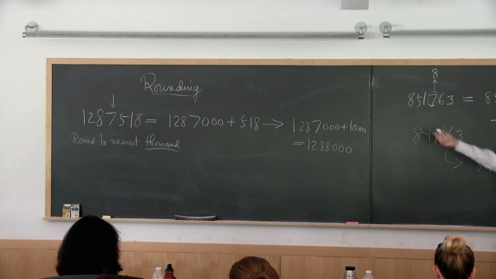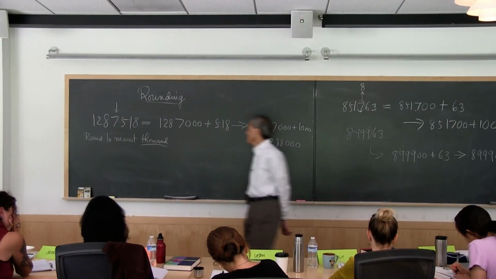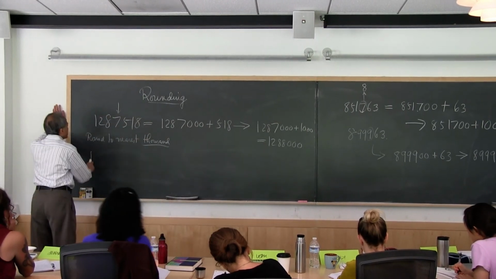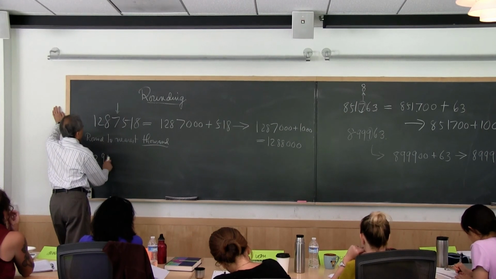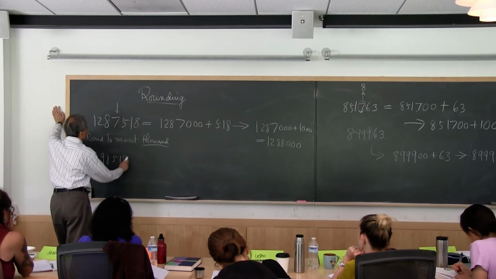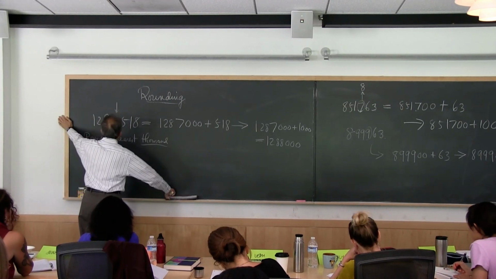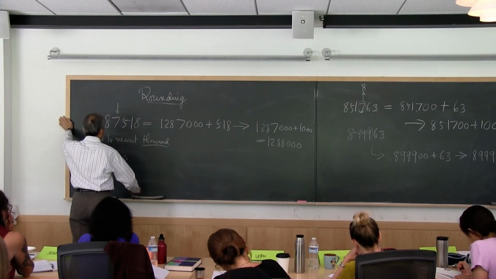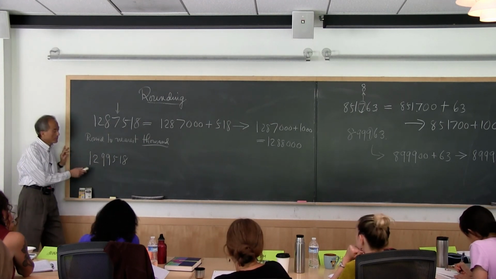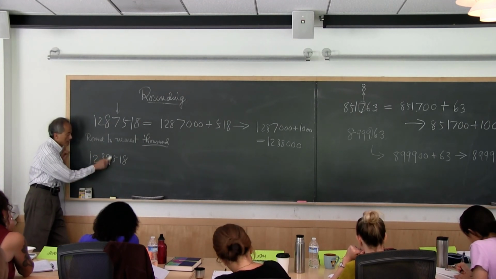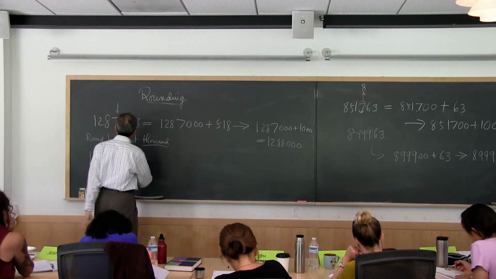Again, you see no advantage in this. But it's in the extreme situation, right? This thing, again, I want to round the nearest thousand. Well, just do the obvious thing.